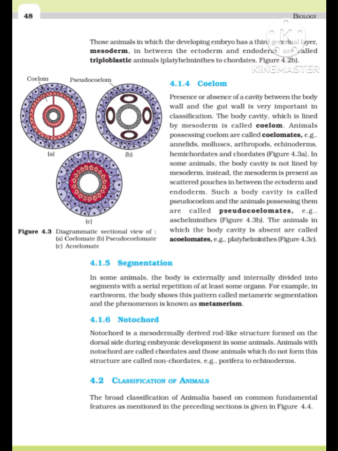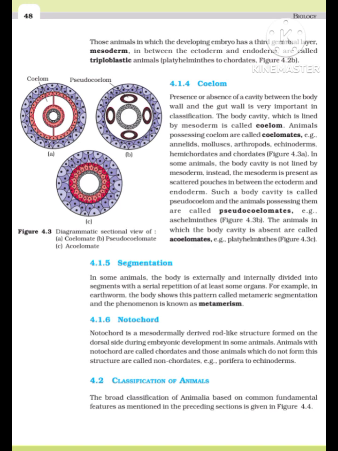In some animals, the body cavity is not lined by mesoderm. Instead, the mesoderm is present as scattered pouches in between the ectoderm and endoderm. Such a body cavity is called pseudocoelom, and the animals possessing them are called pseudocoelomates, example Aschelminthes, figure 4.3b.